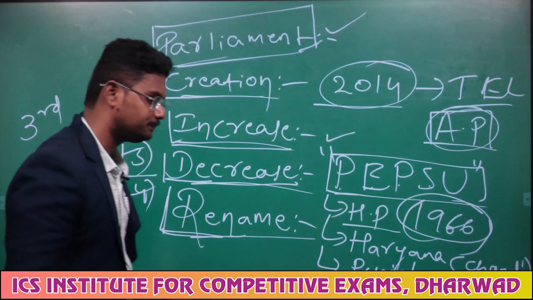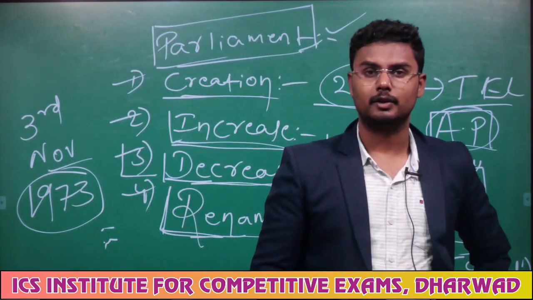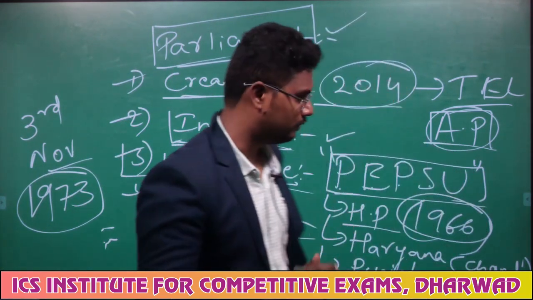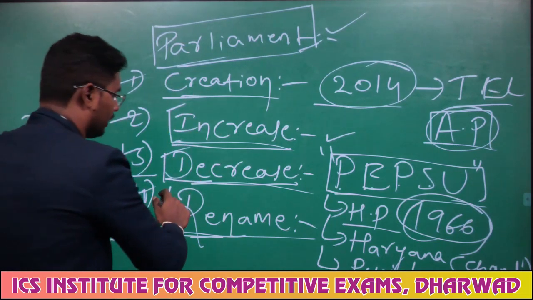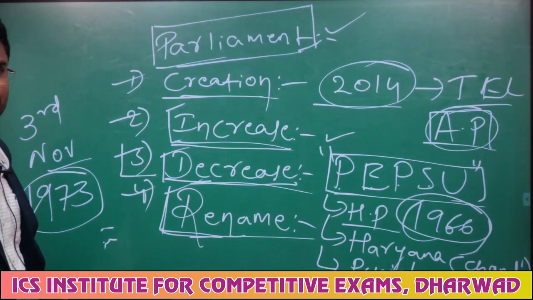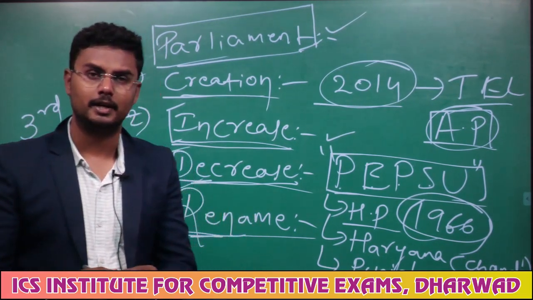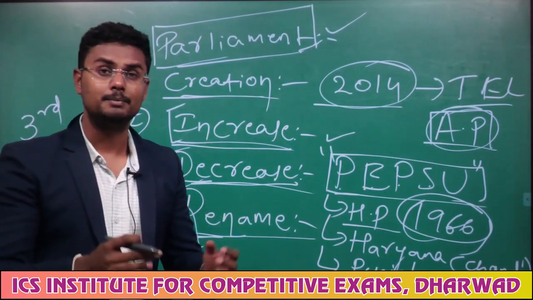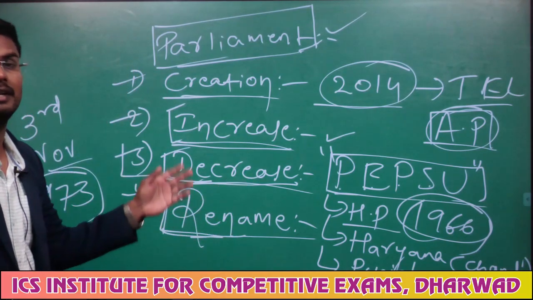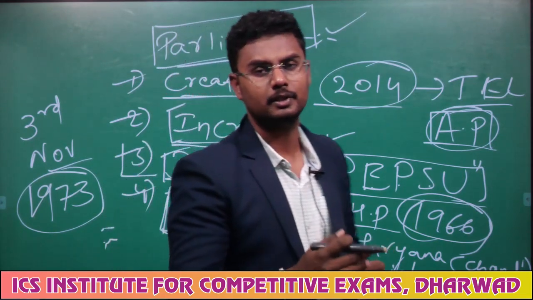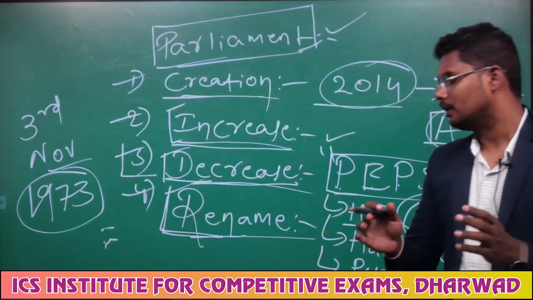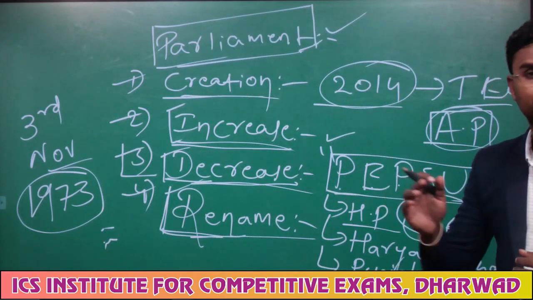Also, Article 3 of the Indian Constitution says if anything here, increasing area, decreasing area or renaming of any state, is concerned with any state, the President for name's sake sends a letter, an intimation, to the respective states.